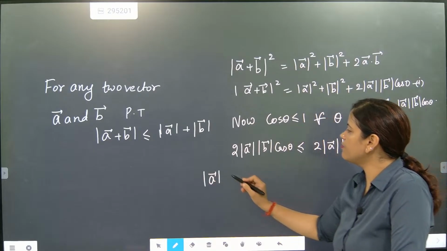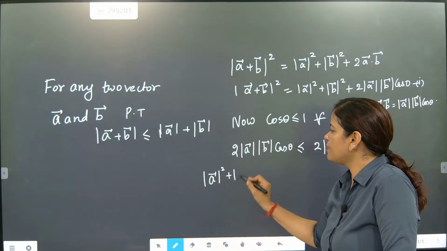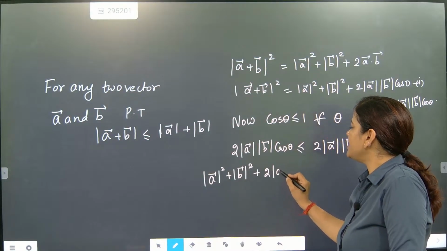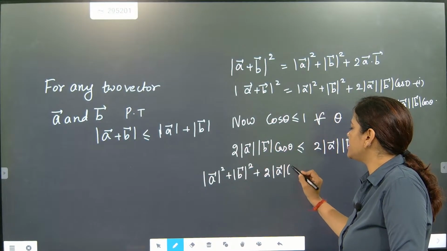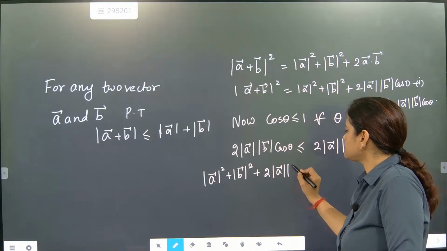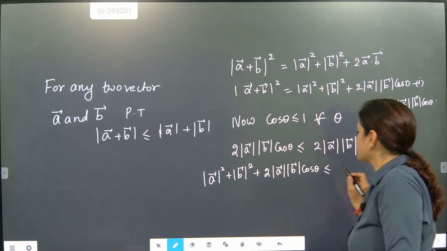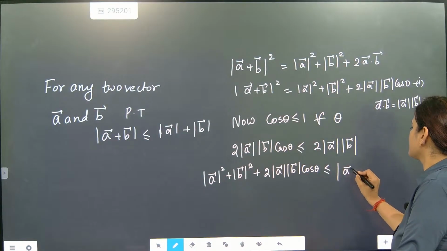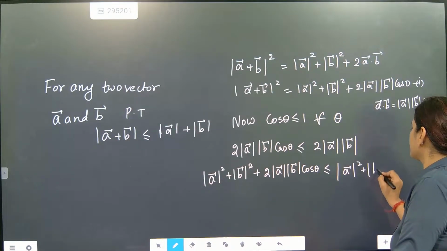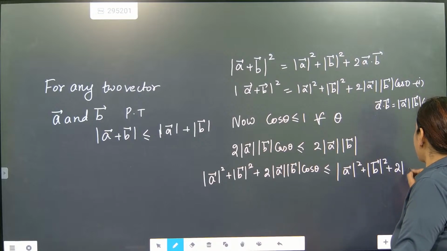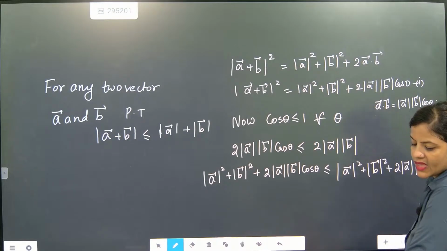So that means, modulus of A square plus modulus of B square we will add. Addition of the same thing will not change anything. Done.